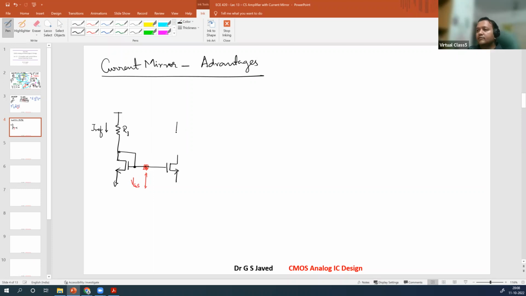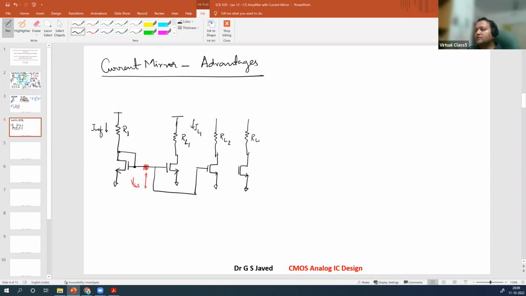right? Which is called R load 1, IL1, RL2, RL3.